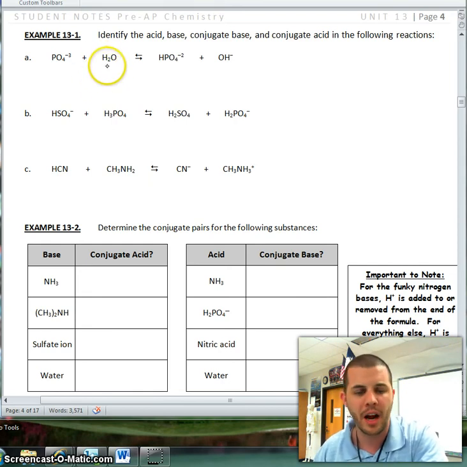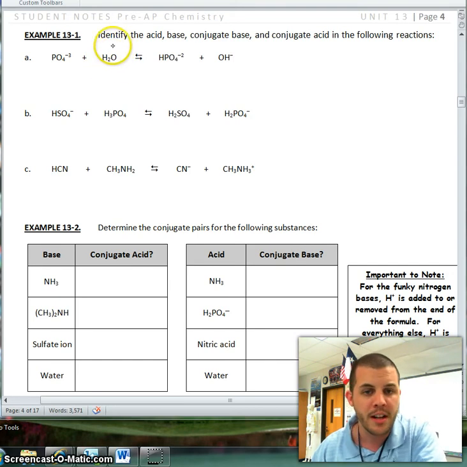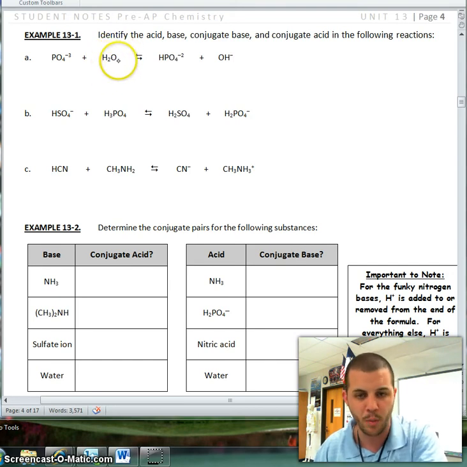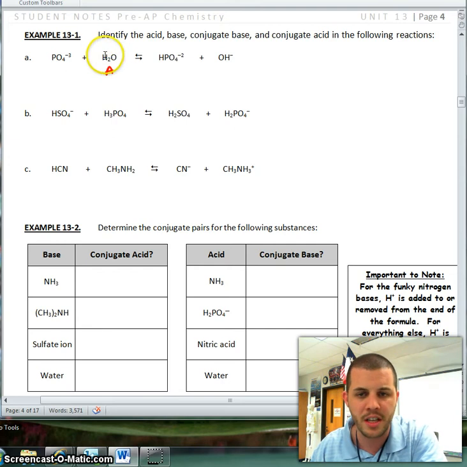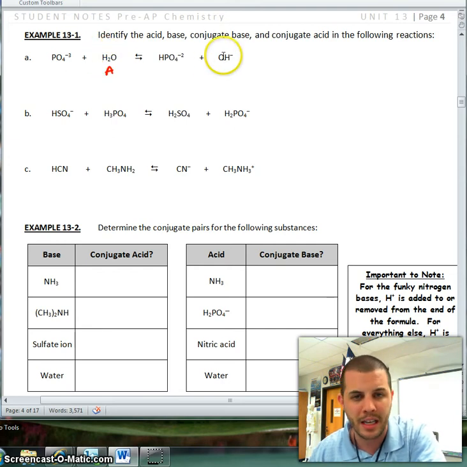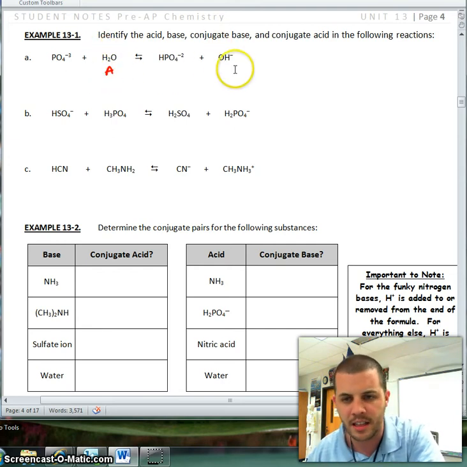I like to call acids my losers. Acids lose protons, therefore acids are losers. So when I look at this H2O and I look over here at OH minus, I can tell that H2O is my acid because it lost a proton to become OH minus. So if this is my acid, OH minus has to be my conjugate base.